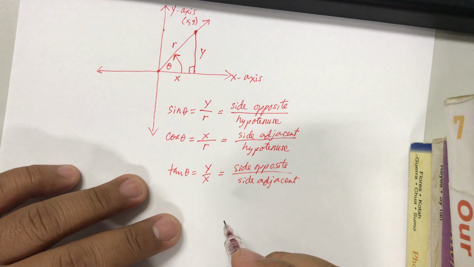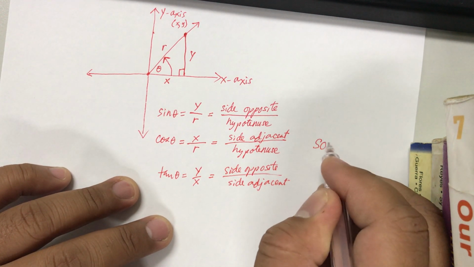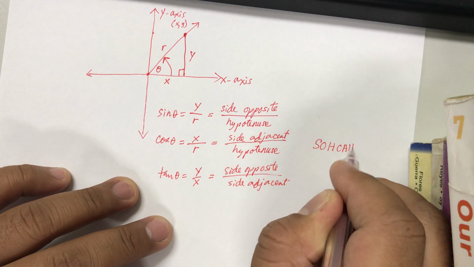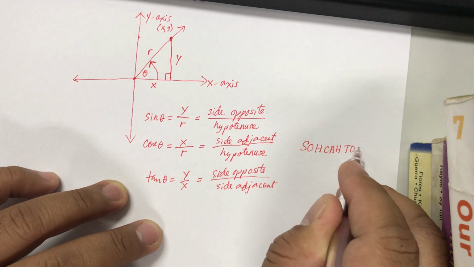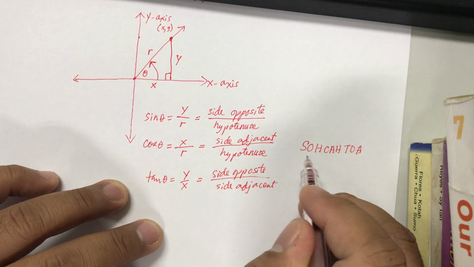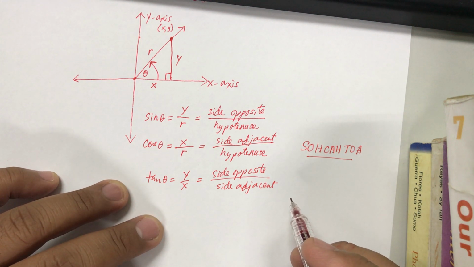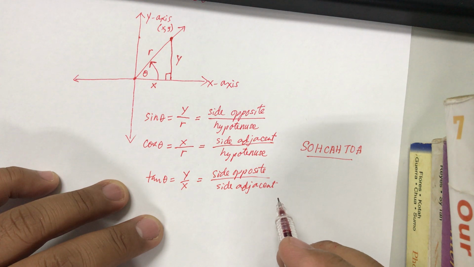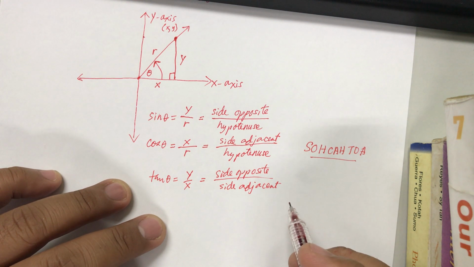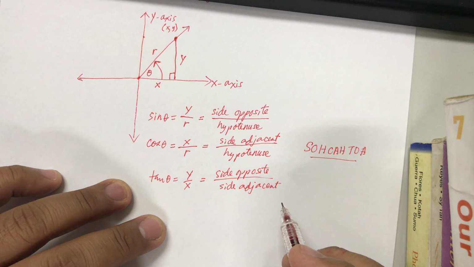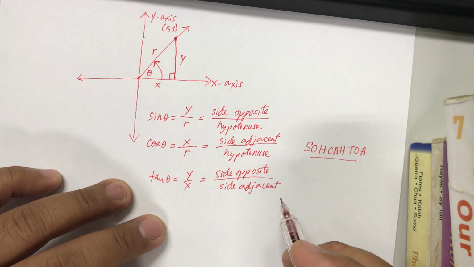You must be familiar with the acronym SOHCAHTOA. Students have already been hearing about SOHCAHTOA, however, they don't really understand it that much. So I hope that at this point you already have a good understanding of the trigonometric functions.